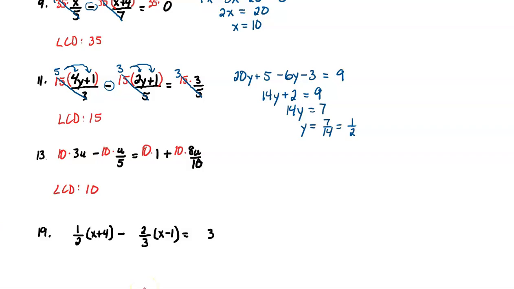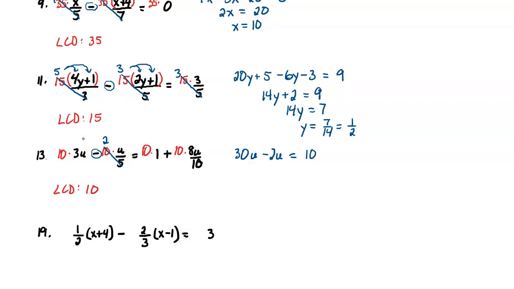It was sure helpful that I thought ahead of time about needing space. 10 times 3u is 30u. 10 over 5 reduces to a 2. In front of the 2 is a negative. That's negative 2 times u, which is negative 2u. 10 times 1 is 10.